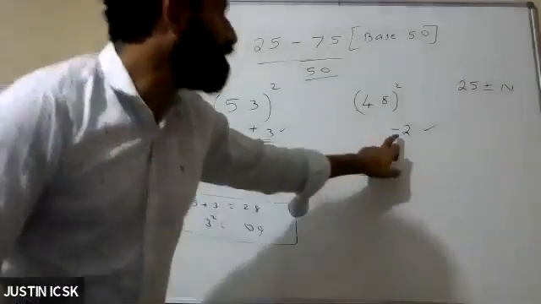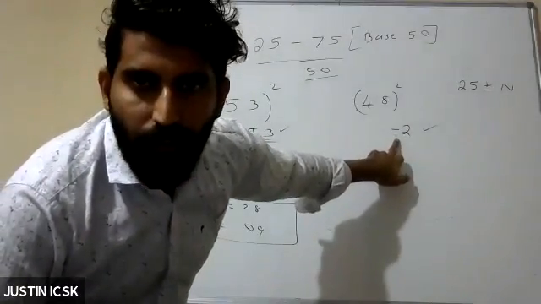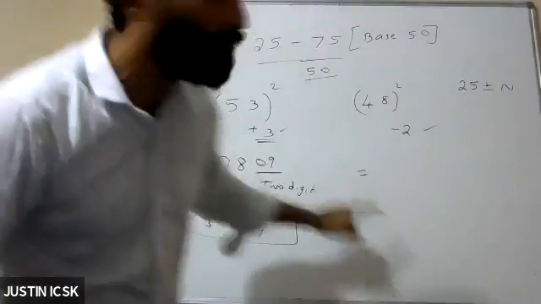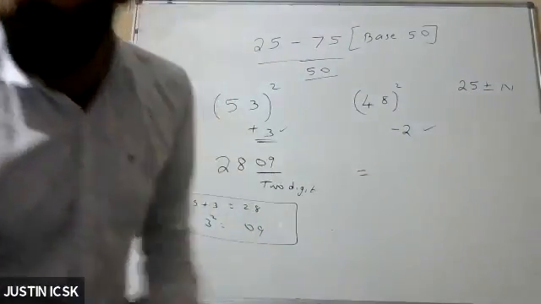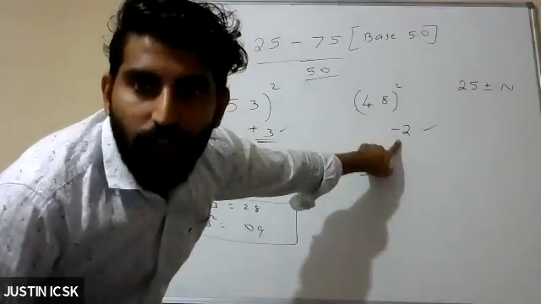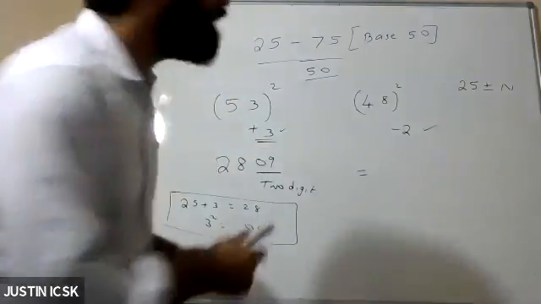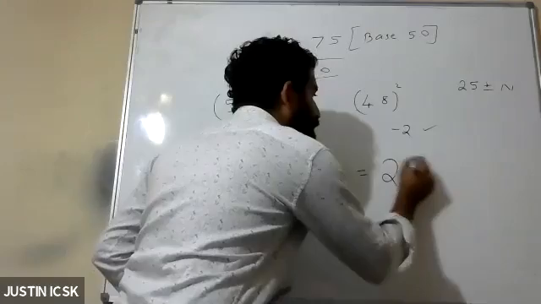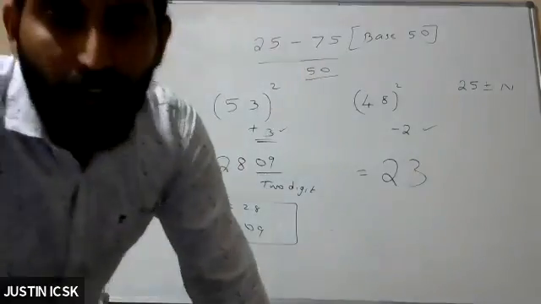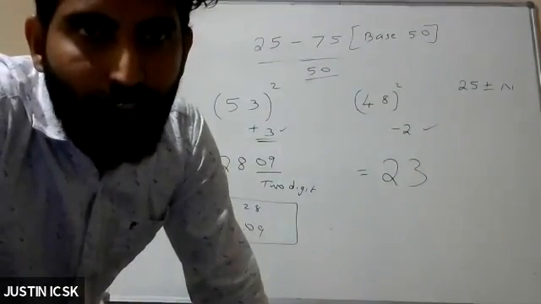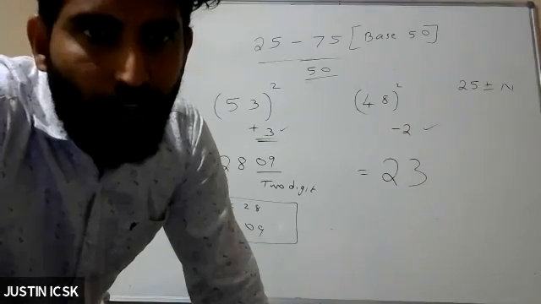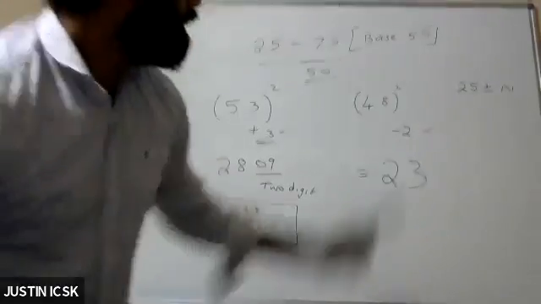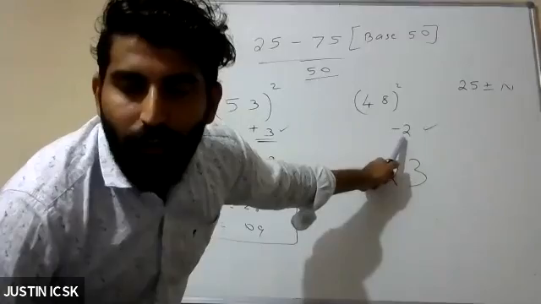Now see, this is minus 2. Here I told you 25 plus or minus. So 25 minus 2 is 23. Now 2 square is 4.